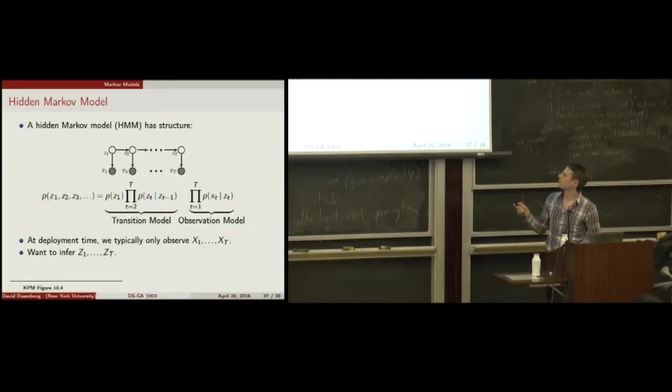There's no way to be independent of all the x's here. Even if we observe x1 up to xt and all the x's in between, xt plus 1 will still give us more information about z1. There's nothing blocking it.